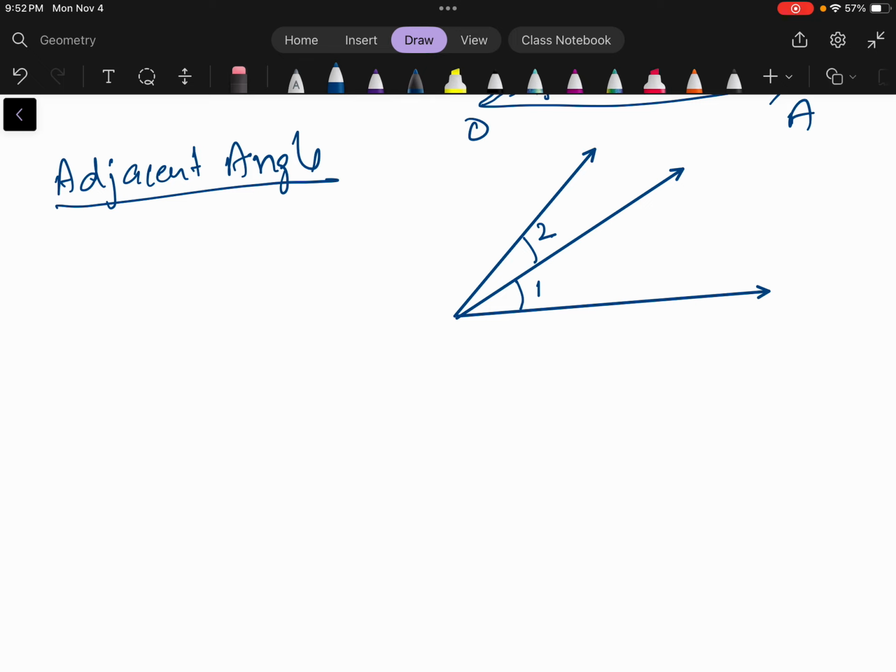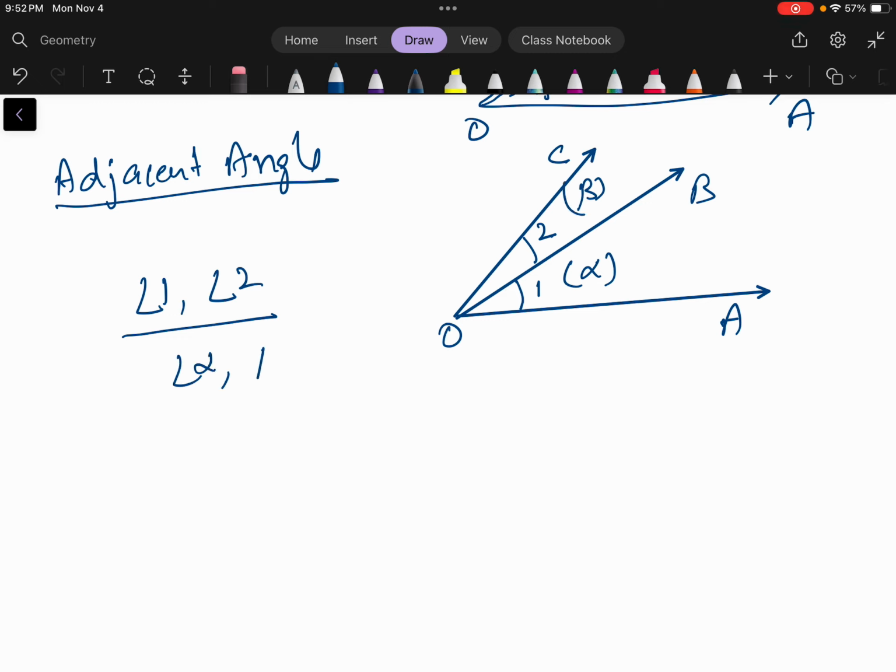Adjacent means next to it. We have O, A, B and C. This angle 1 is adjacent to angle 2, or angle 2 is adjacent to angle 1. We can also write it as alpha and beta: angle alpha is adjacent to angle beta.